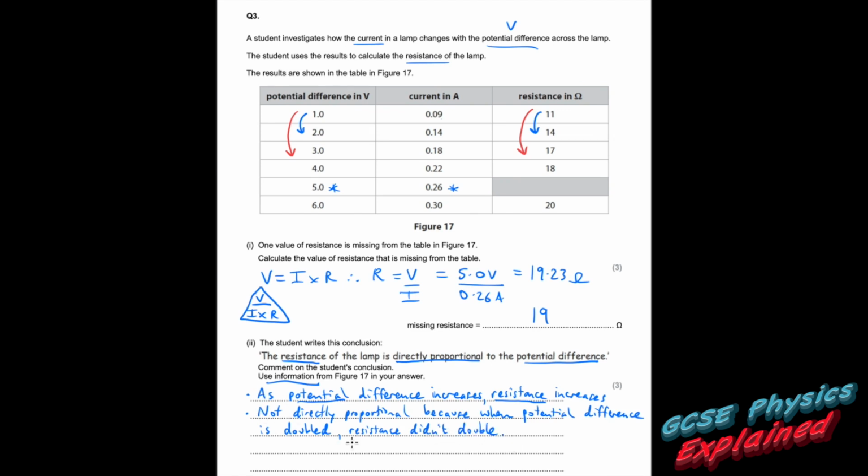So that's 2 marks, and remember you get your 3rd mark, so this is where students miss out because they forget to quote the information. So, for example, when voltage went from 1 volt to 2 volts, resistance didn't double from 11 ohms to 22 ohms.